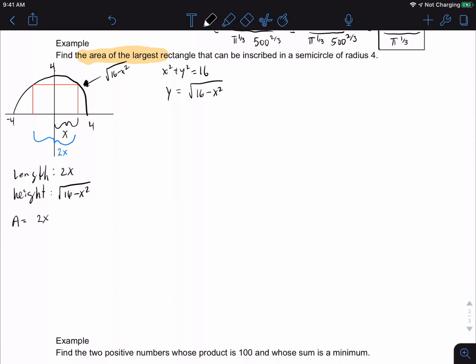So we're going to get 2x times the root of 16 minus x squared. Right? And man, how do you guys want me to do this? Do you want me to do it as a product, or do you want me to show you a trick to do it in an easier way?